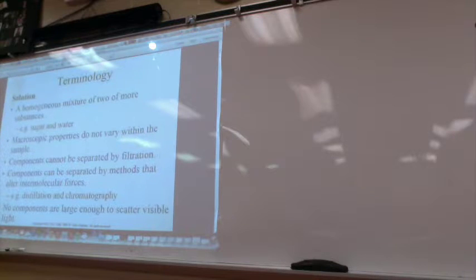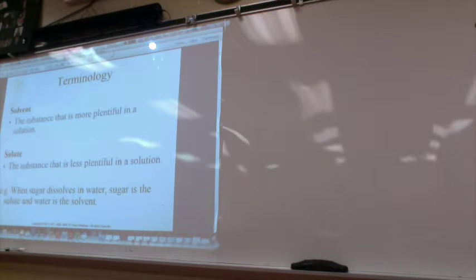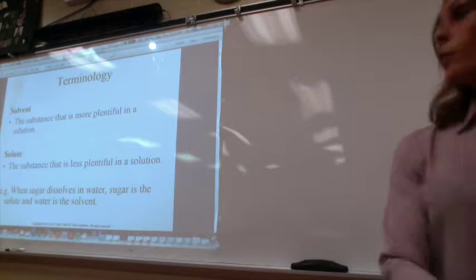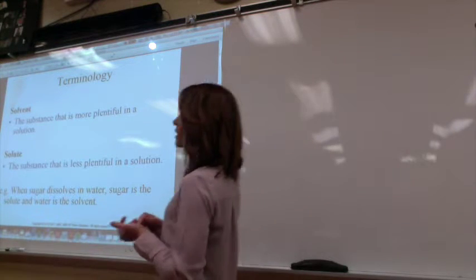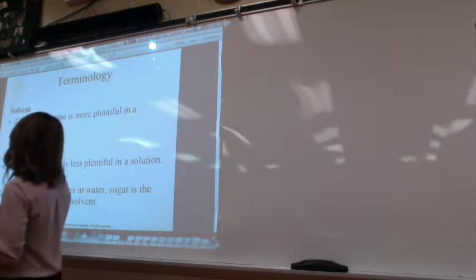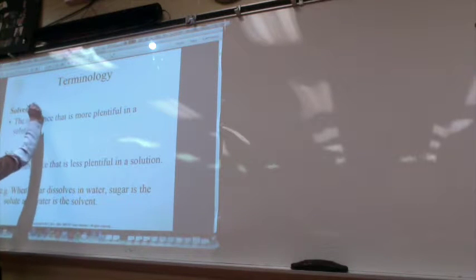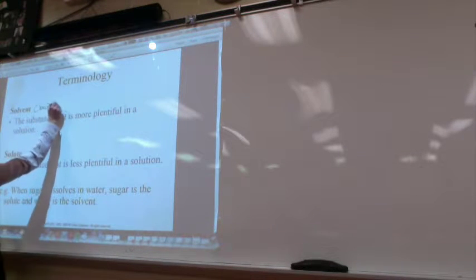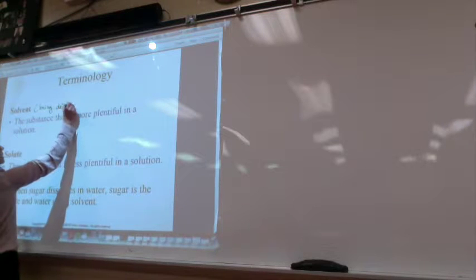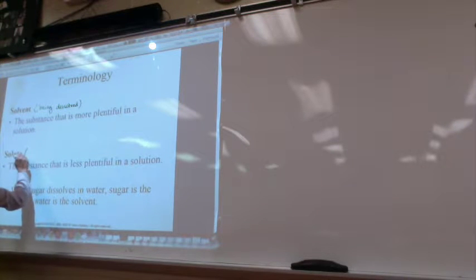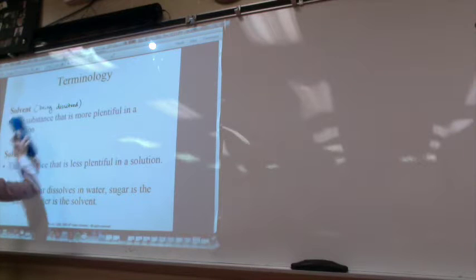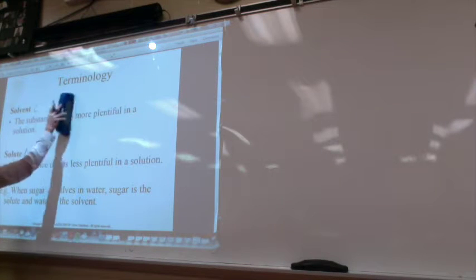And then the next part is solvent and solute. So we've used these words before, mostly with solids and liquids. So we would say that the solvent is the substance being dissolved, but that's only true if you have a solid. And then this is the solute. I'm sorry, I wrote the wrong thing. Sorry, I wrote it in the wrong spot.